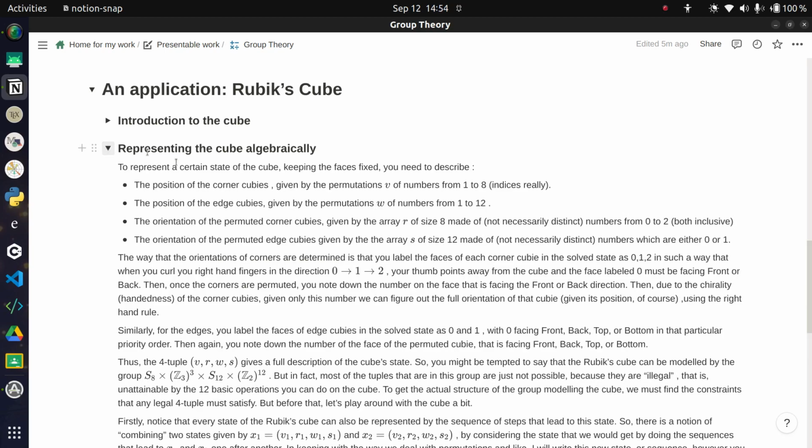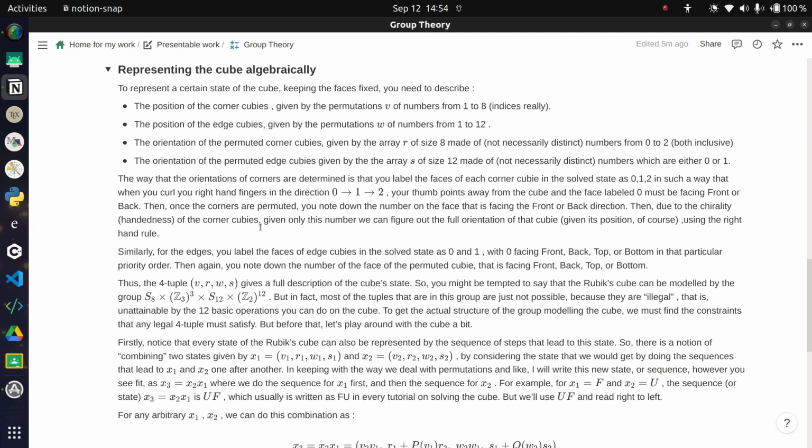It turns out that to represent a cube, there's a fairly popular way: you write the cube as a 4-tuple, which consists of these four objects: V, R, W, and S. V and W are permutations of the corner cubies and the edge cubies, and R and S are vectors, or arrays, I should say.